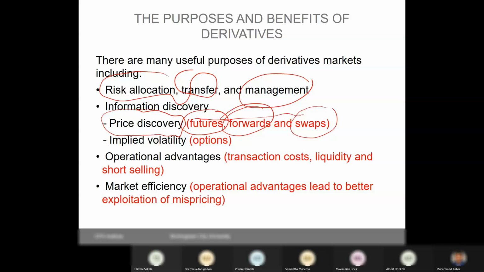The underlying can be commodities, can be financial securities. So the use of derivatives does help in price discovery. Implied volatility is a very important concept. You can use the option prices to calculate the implied volatility.